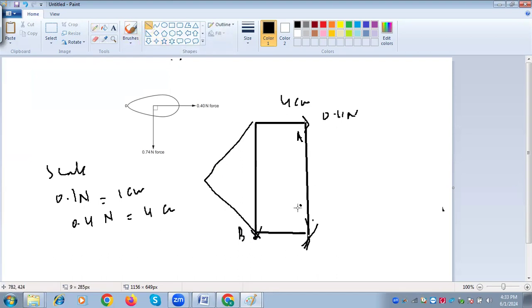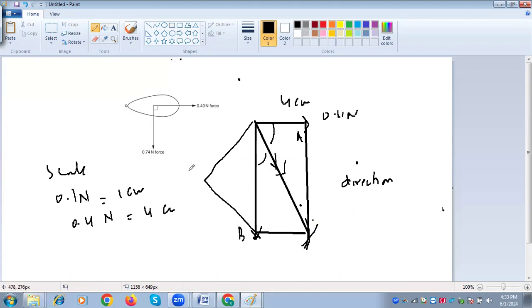What will be the resultant? Starting from the tail to this. So this will be the magnitude. You will measure the length, and this angle either with respect to the 0.4 Newton force, that is the x-axis direction, or with the y-axis if you want. Angle is to be measured.